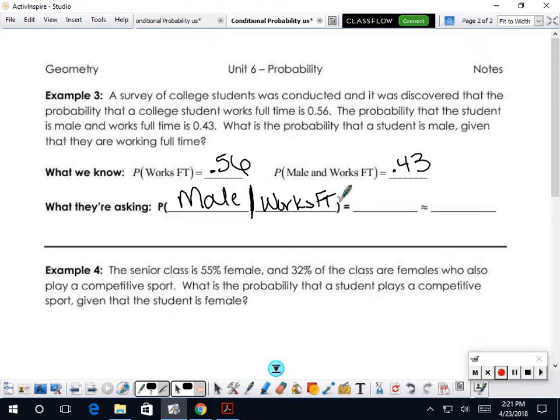Okay. So on the top of the fraction, I want male and works full-time, which is 0.43, divided by the probability that someone works full-time, 0.56. 0.43 divided by 0.56 gives us 0.77.